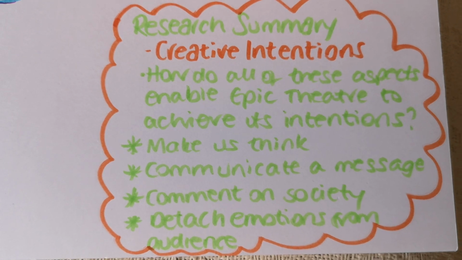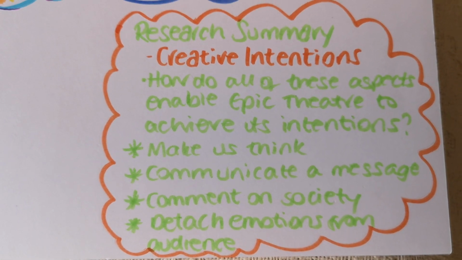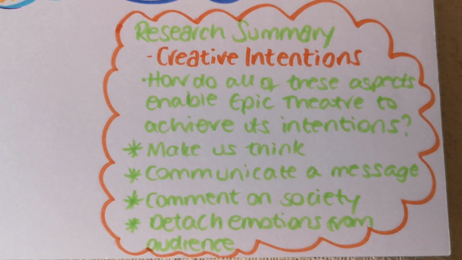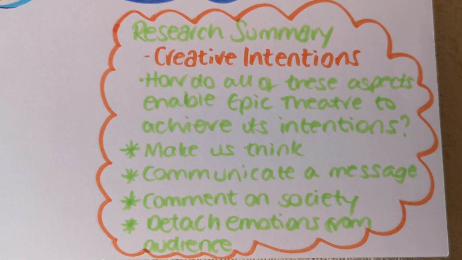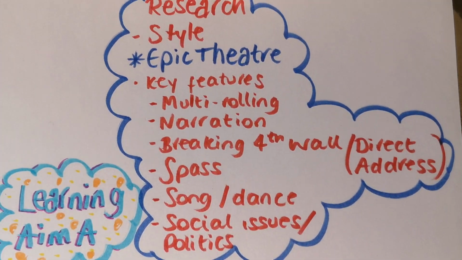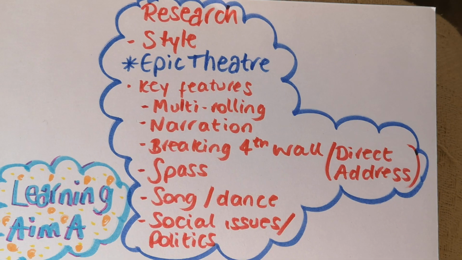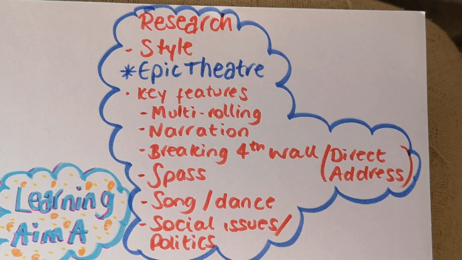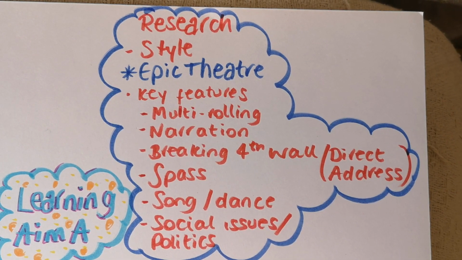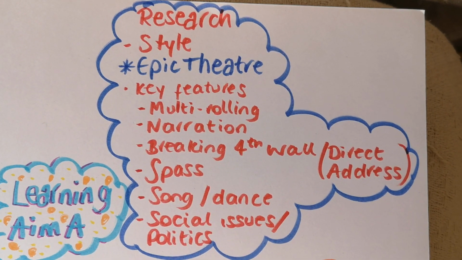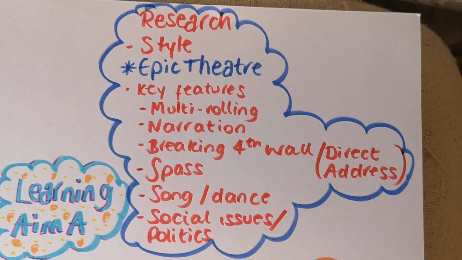You can obviously reference that there are moments within Blood Brothers where it is an emotional play and we are asked to identify with that. However, they do use these key features of epic theatre to keep us in check and to remind us of the style, and to remind us that whilst we might be identifying with Mickey, with Eddie, with the social class issues, we are still being asked to think about it in the bigger picture.